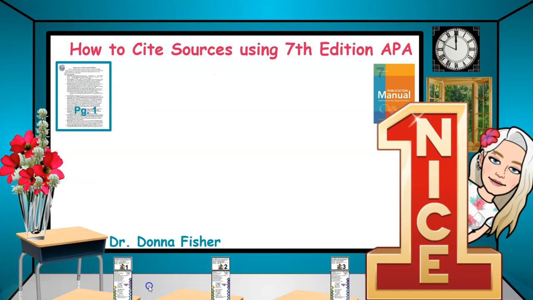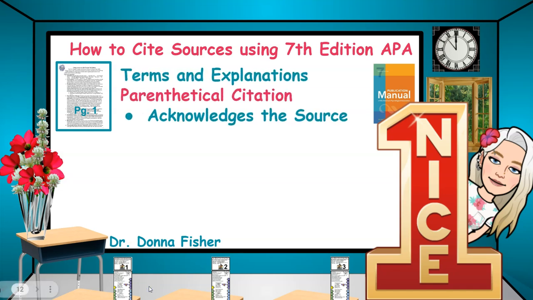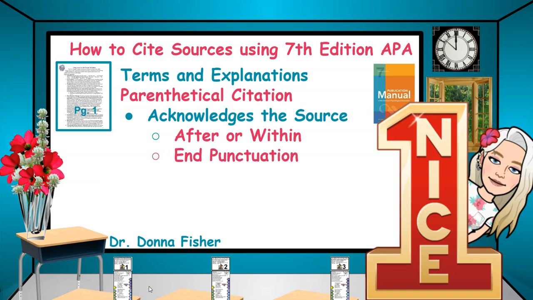Parenthetical citation. Acknowledging and attributing information, ideas, or quotations borrowed from external sources, after or within the acknowledged information, placed in parentheses. A parenthetical citation can appear within or at the end of a sentence.